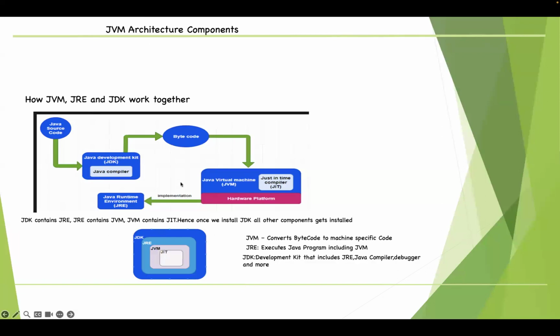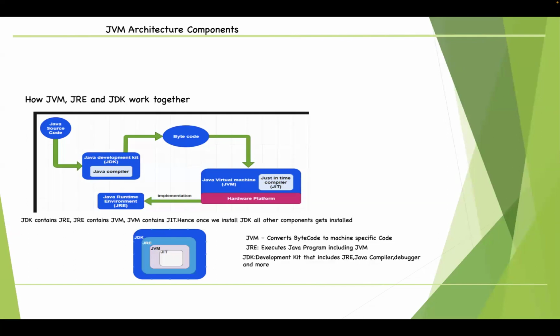So the JDK, Java Development Kit, contains JRE, JRE contains JVM, JVM contains JIT. This is the flow of your total Java program. Whether you use Java EE or Java SE, this is the basic structure and basic flow of how your program executes internally, and which components come into the picture.